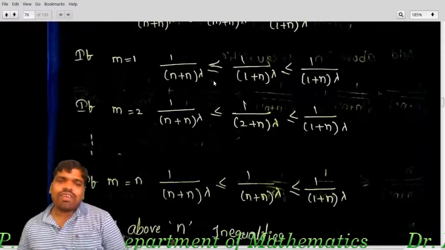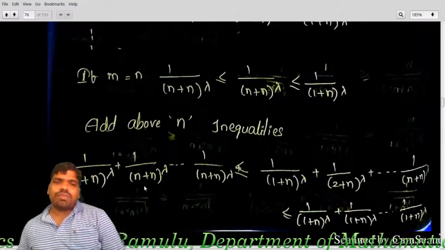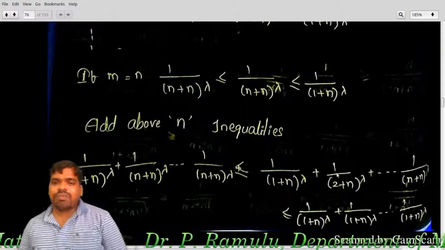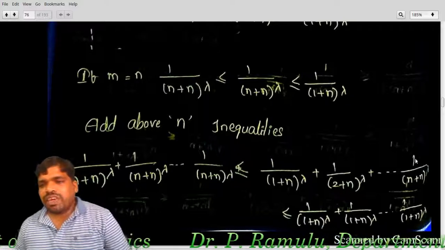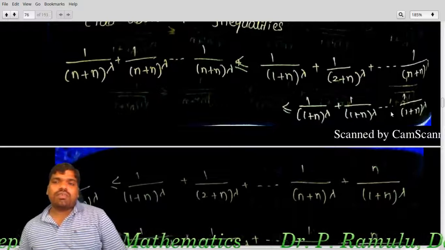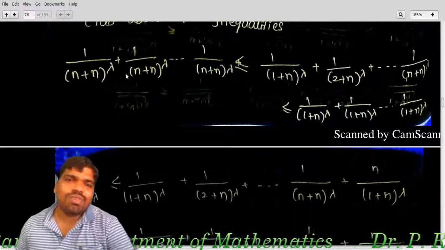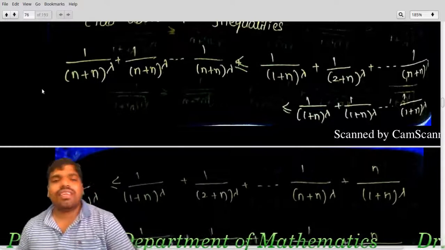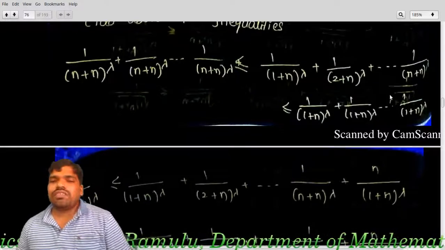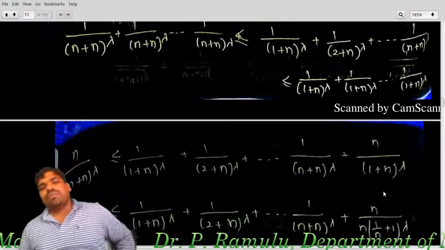By adding the above inequalities, after adding, the sum is less than or equal to n times 1 by (1 plus n) to the power lambda. Here how many terms of (n plus n) to the power lambda are there? n by (n plus n) to the power lambda is less than or equal to this sum, which is less than or equal to n by (1 plus n) to the power lambda.